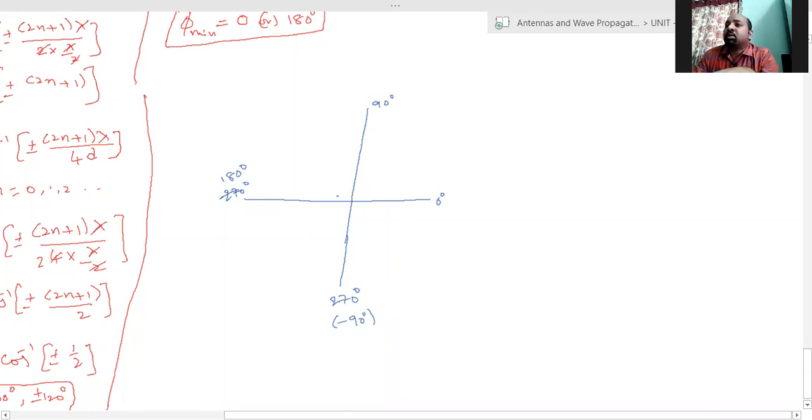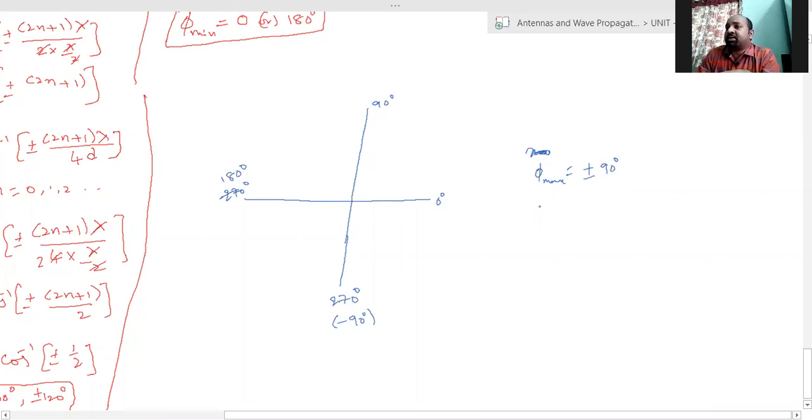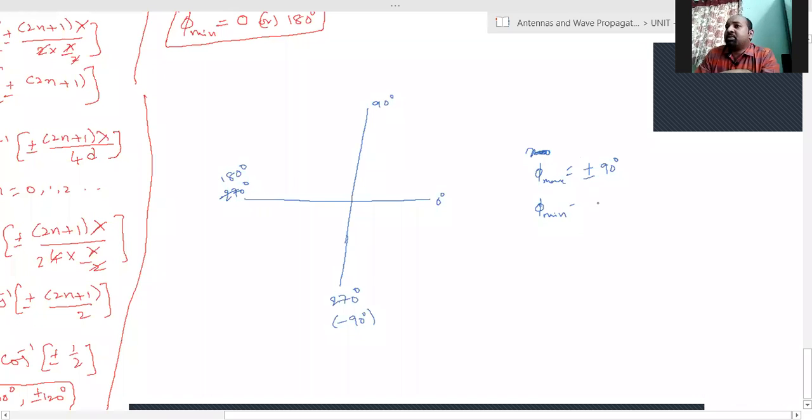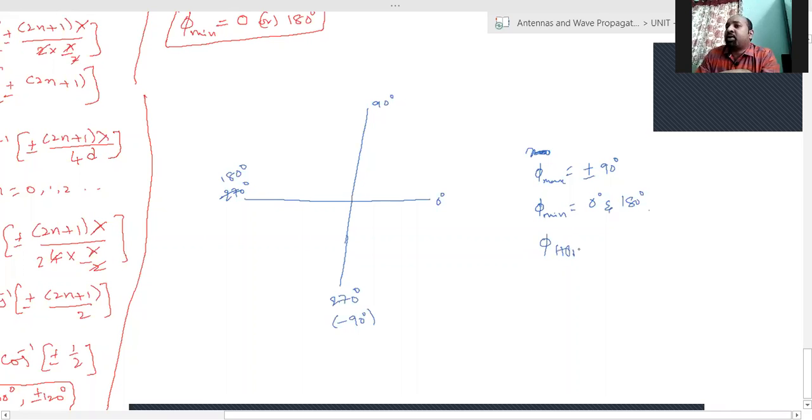So pi max is equal to plus or minus 90 degrees. Pi minima is equal to 0 degrees and 180 degrees, and half power point directions is equal to plus or minus 60 and plus or minus 120 degrees.